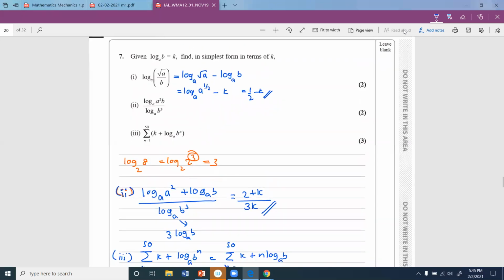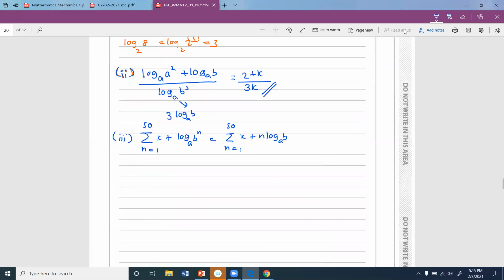Then we can write the summation, n goes from 1 to 50, of k plus nk. Right. Then if you take k out, 1 plus n. Then we need to get the sum of this.